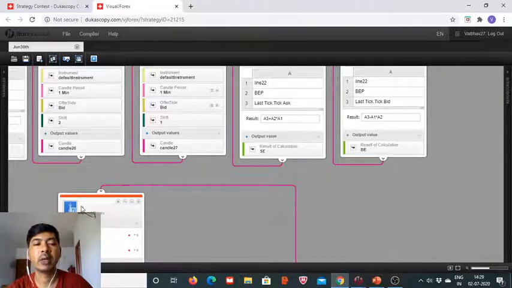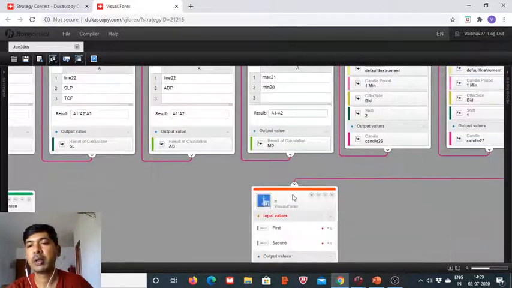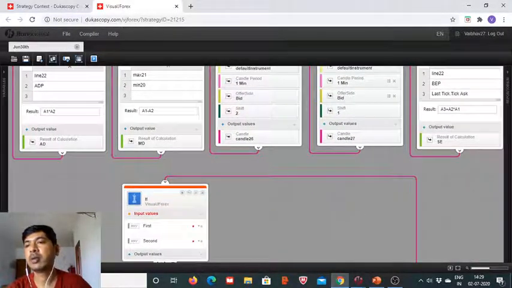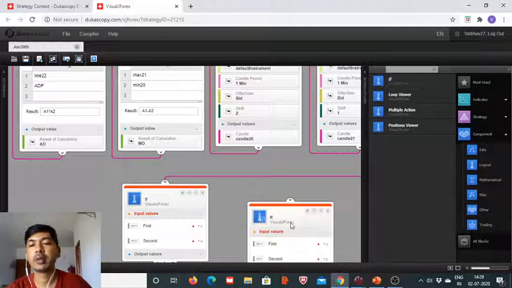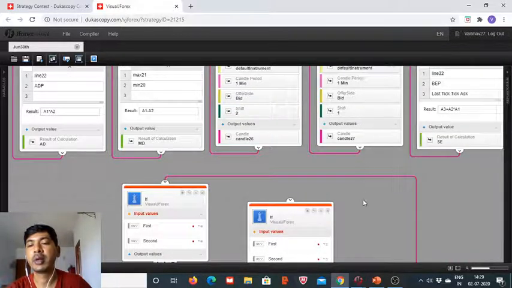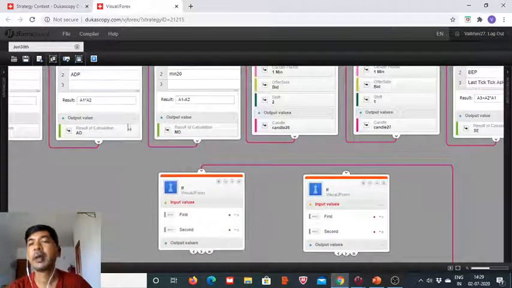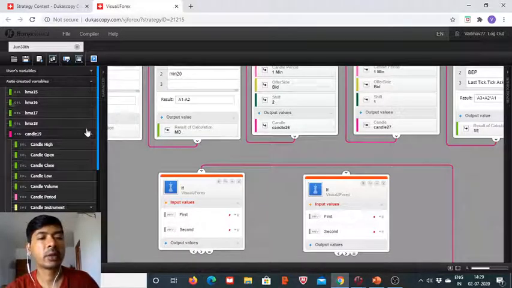So again, we have to take into account the closing levels of candle 26 and candle 27, which are last minute's and the prior minute's closing levels, sorry, 1 minute candle. So here we take candle 27 and candle 26 closing level.